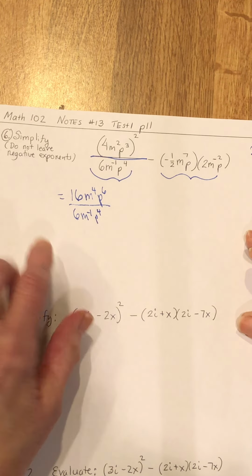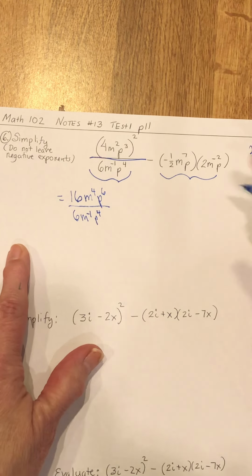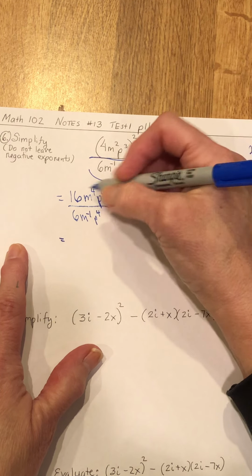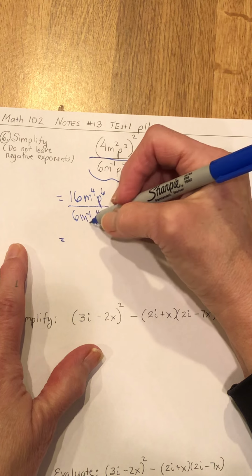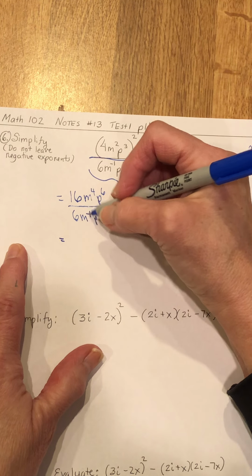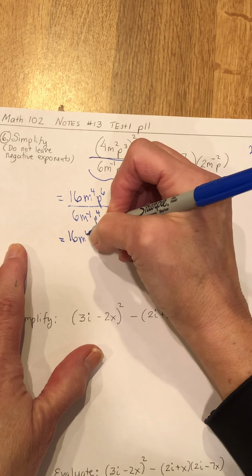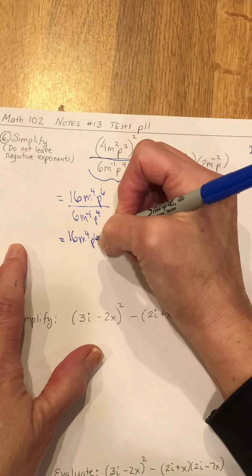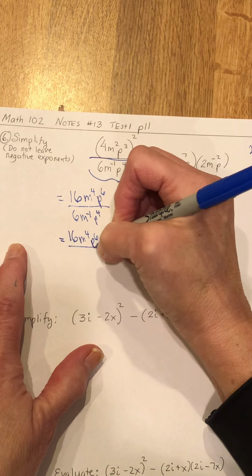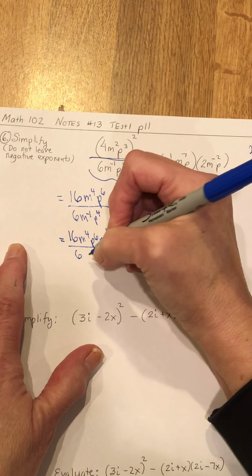Okay? I'm going to move that, because this is all factors. The numerator of this term is up here, so I'm going to move that m to the negative 1st up. All right.